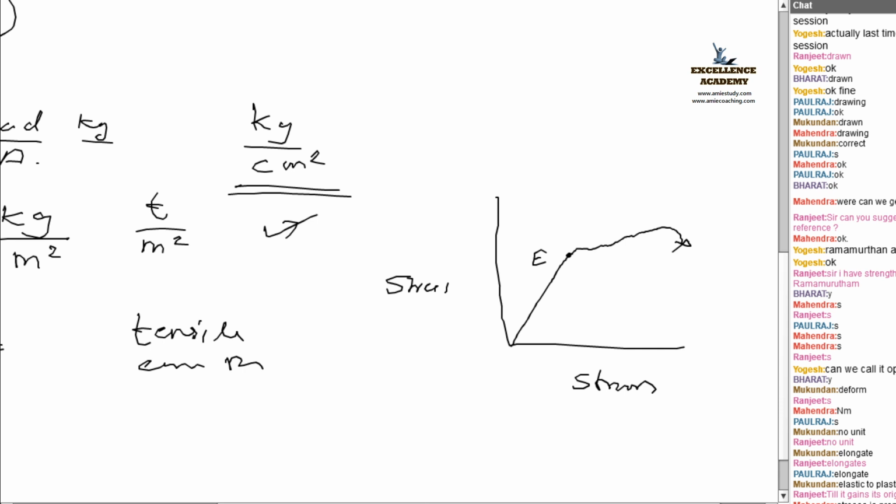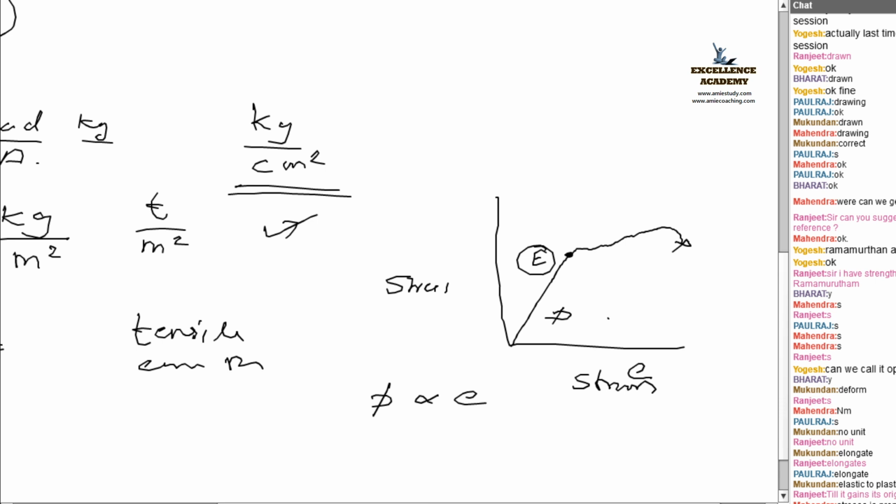This is the stress-strain curve. So up to this point, which is called the elastic limit, what is happening there? Stress is proportional to strain. So we are going to denote the stress by small letter p and the strain by small letter e. So small p is proportional to small e. Then we need a proportional constant.